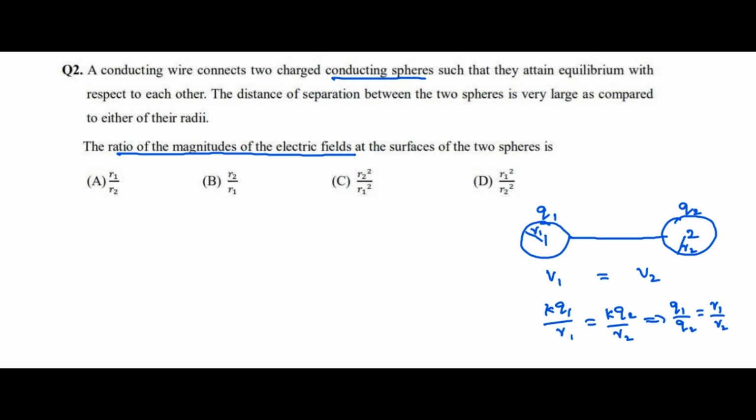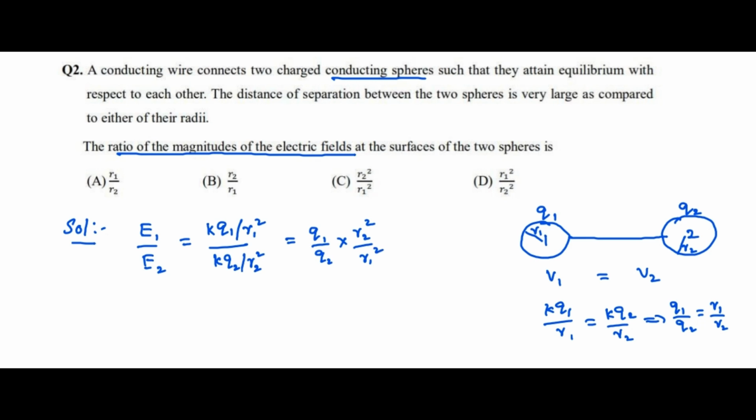Now what we need to find out? The ratio of electric fields. So E1 divided by E2 is equal to K Q1 divided by R1 square, divided by K Q2 divided by R2 square. K will get cancelled. It will be Q1 by Q2 into R2 square divided by R1 square.